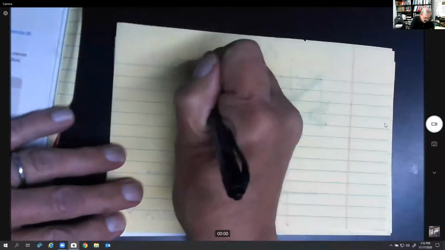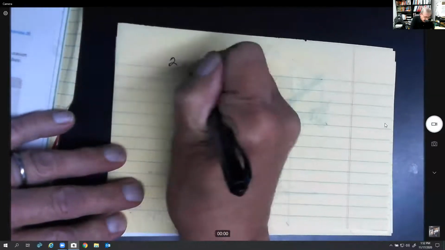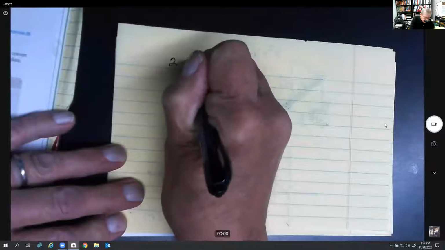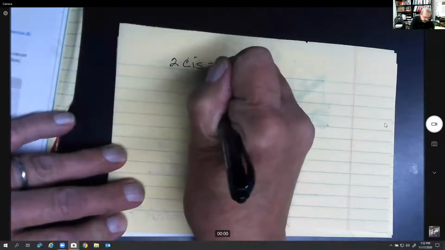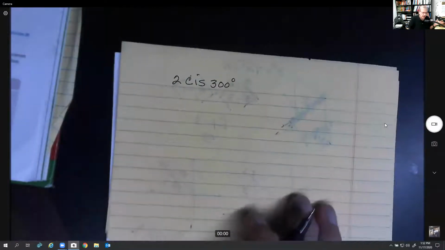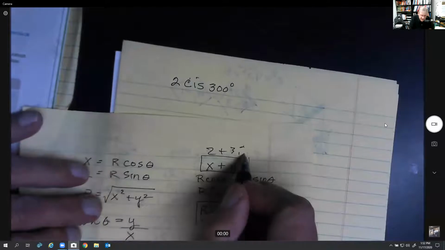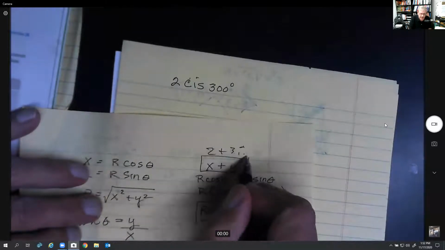Let's take a look at one. The problem might be written this way, in trig form: 2 cis 300. Okay, so this is trigonometric form of a complex number. And we want to say, that's wonderful, but what does that mean? It doesn't look anything like this, so we want to get it to look like that, in a regular form.